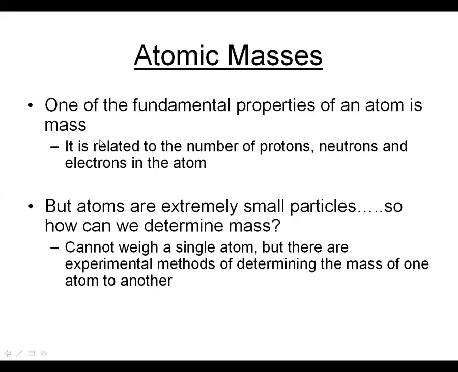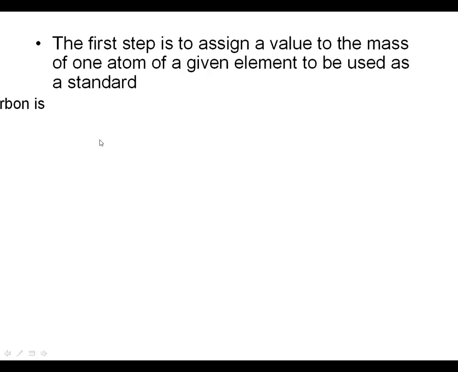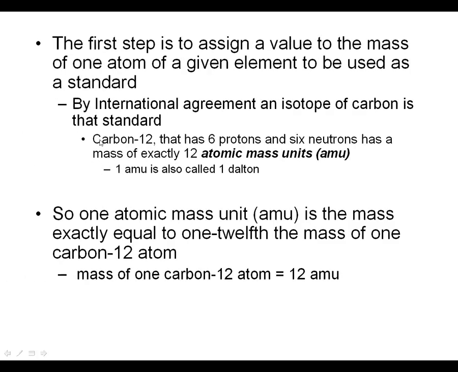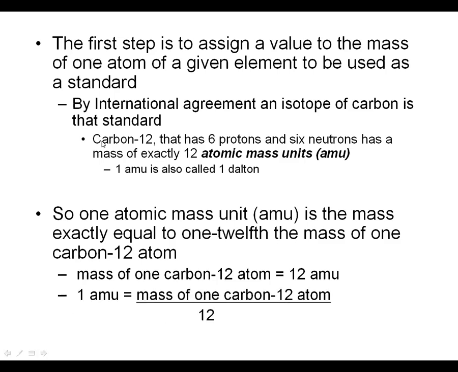So when we have something like that, what typically occurs is that we assign something as a standard to compare everybody to. And in chemistry, what they chose as the standard for atomic mass is an isotope of carbon, the carbon-12 isotope. Carbon-12 means that the mass number is 12.